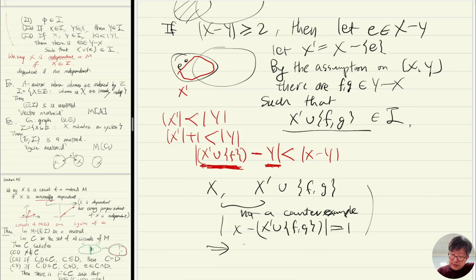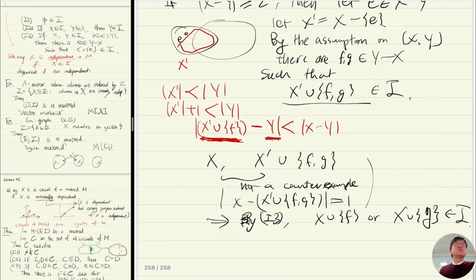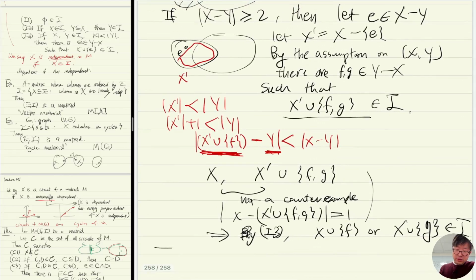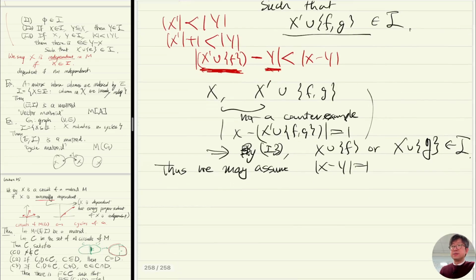So that means by I3, X union F or X union G is in I, right? So this kills the case when X minus Y has size 2 or more. Thus, we may assume X minus Y has only a single element.